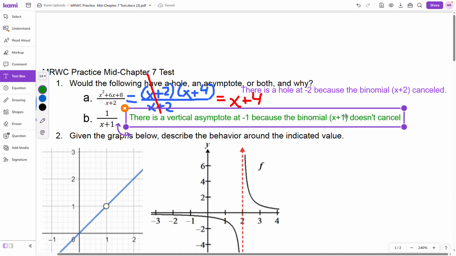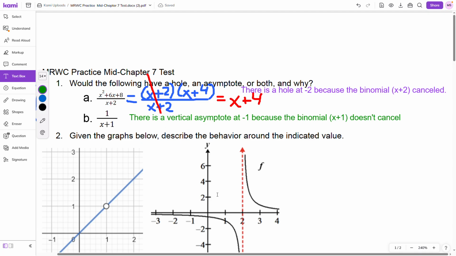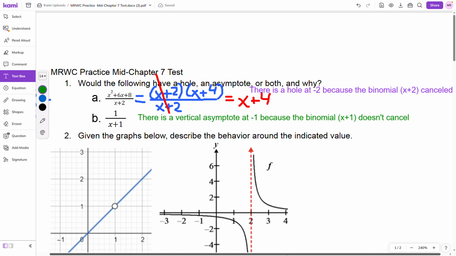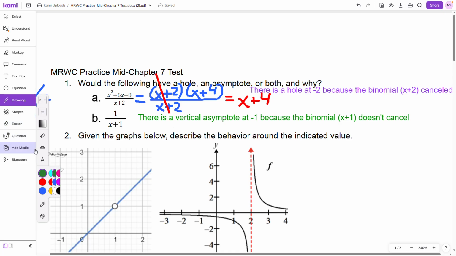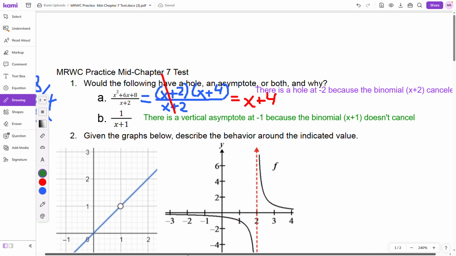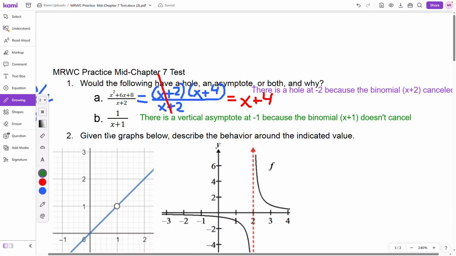Okay, good. All right. I think that's good enough. We can move on. Wait a second. There's a question, yes? Yes, I'm listening. There's a vertical asymptote at negative 1 because the binomial x plus 1 doesn't cancel. That is correct.